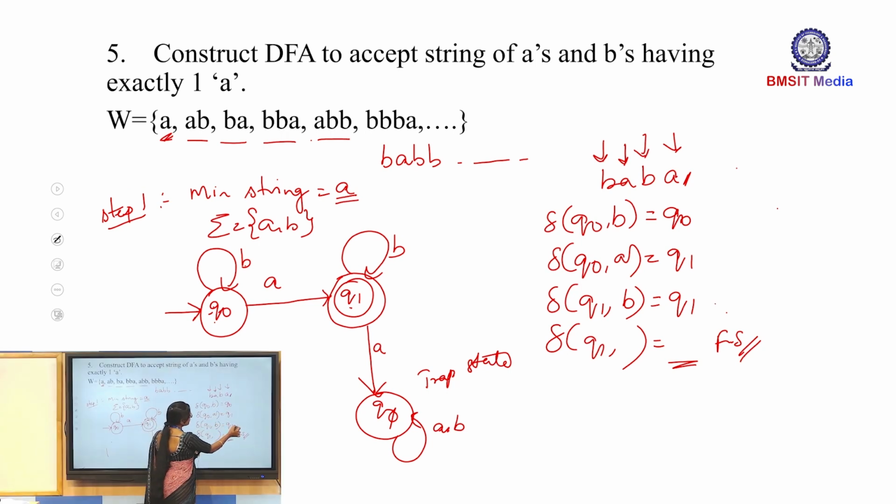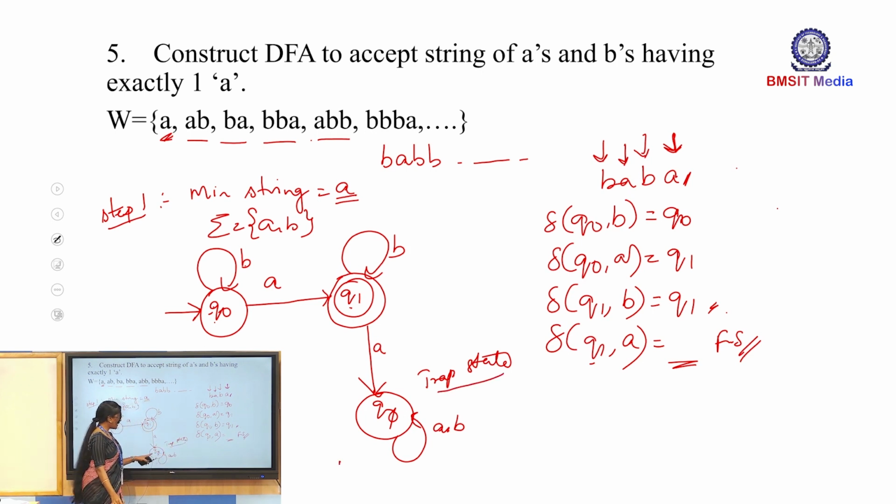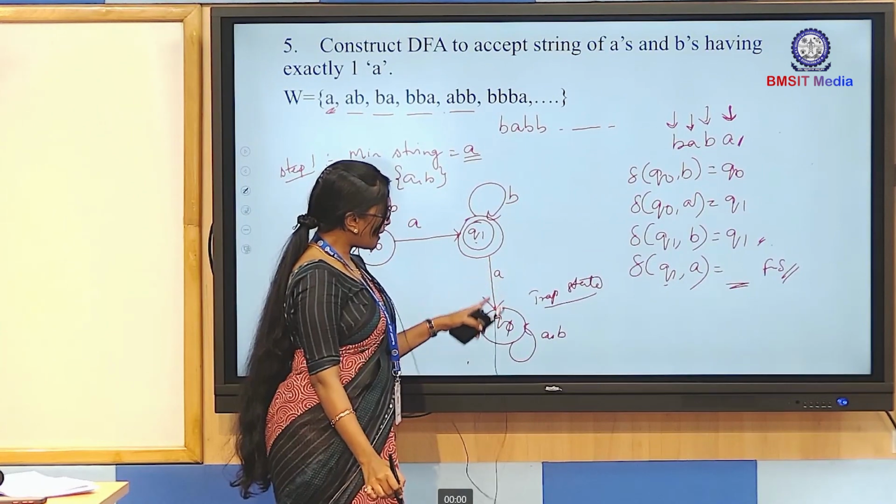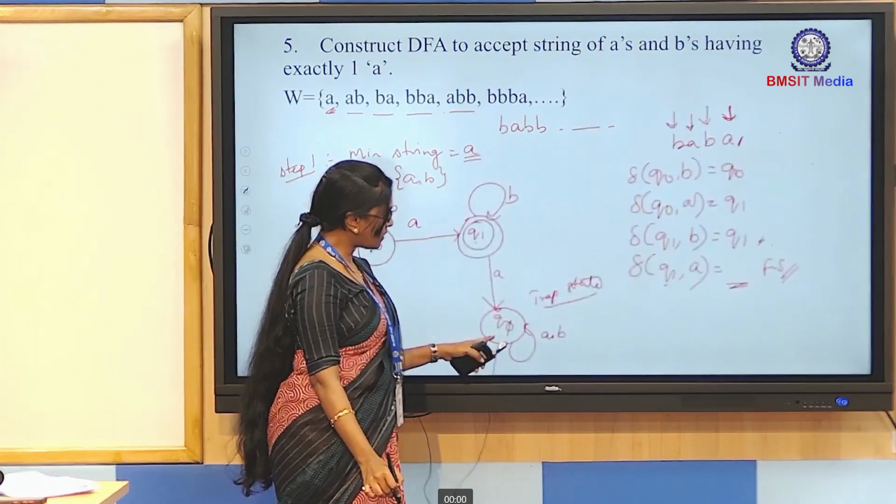Up to this point it remains the same. Q1 on seeing a B retains the same state Q1. Now I am in the current state Q1. If my fourth symbol was A, then it gets into the error state or the trap state, and you can see that it makes a transition to the trap state.